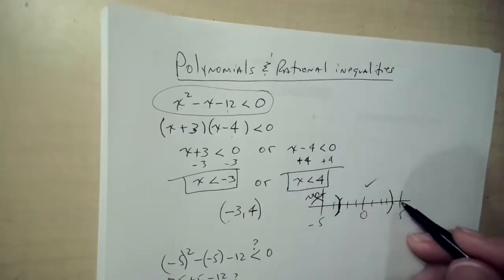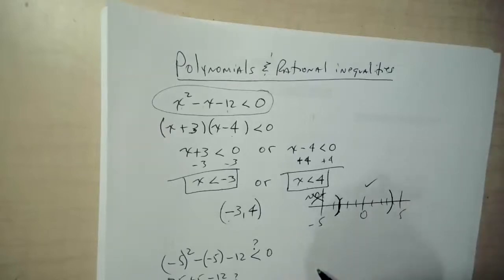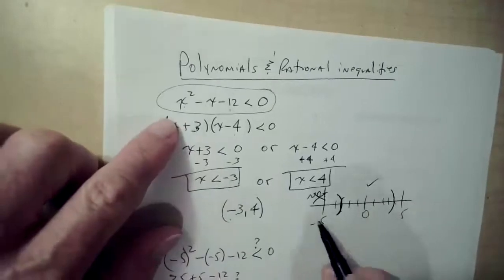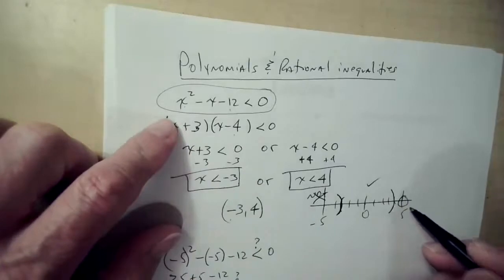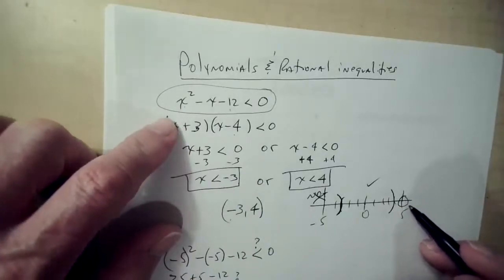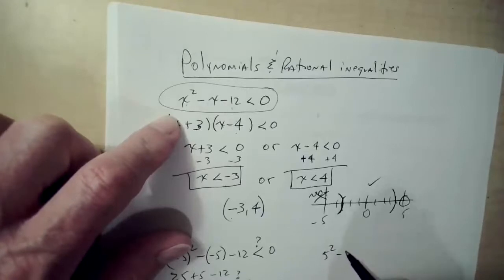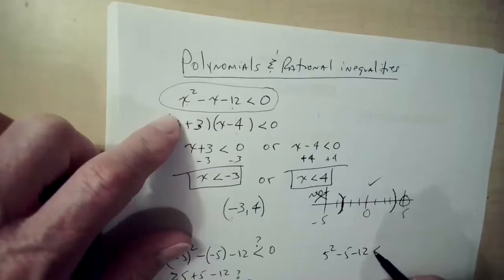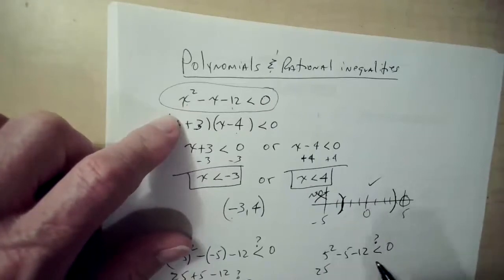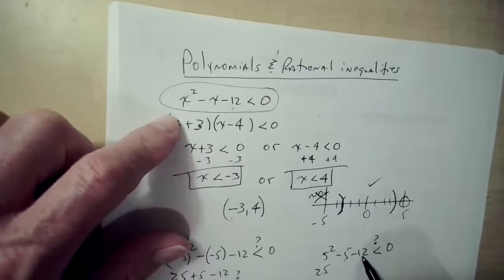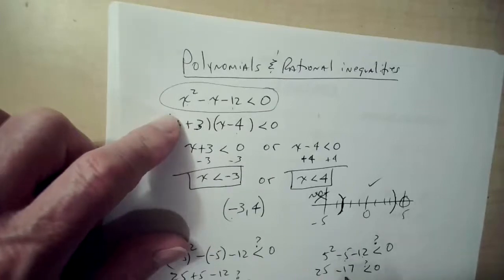Now let's take +5. And we get plug 5 in. We're going to take this number right here, which is outside of our area. So we get 5 squared minus 5 minus 12. Is that right? Is it less than 0? 25 minus 5 and minus 12 is minus 17.